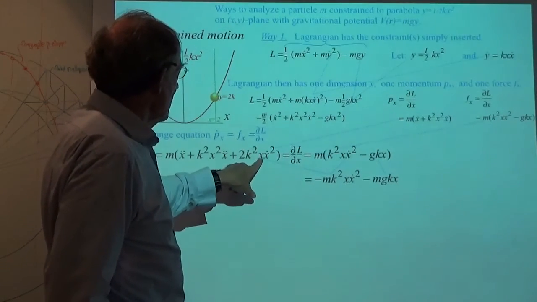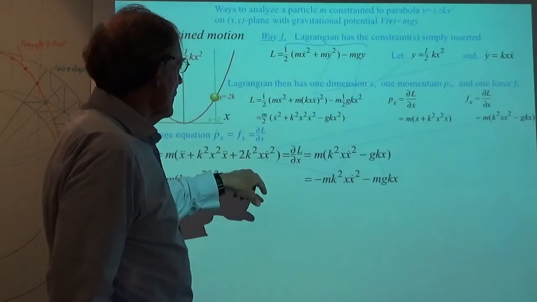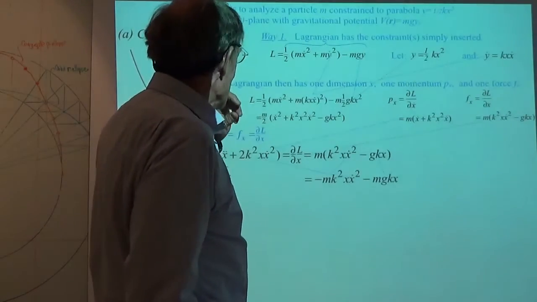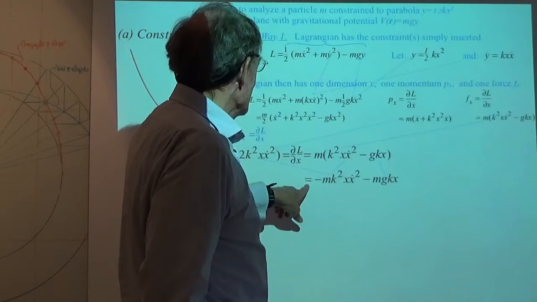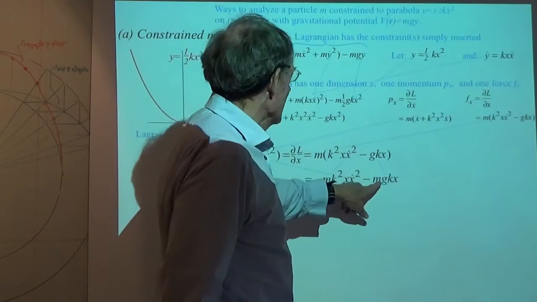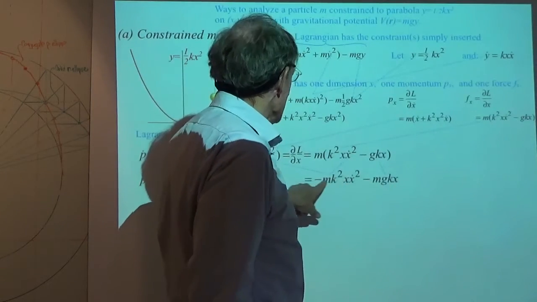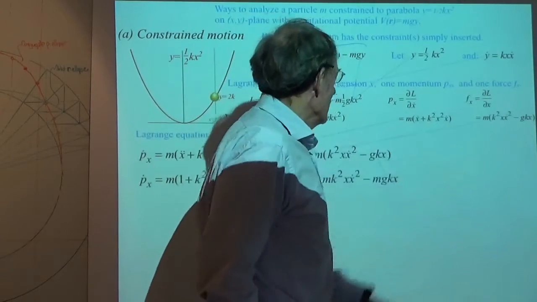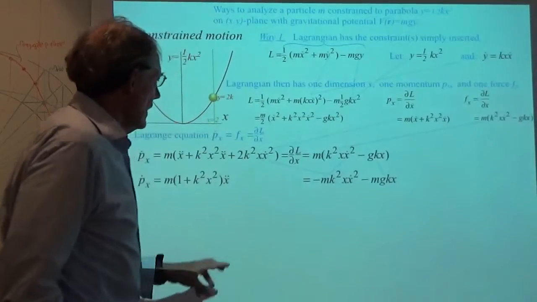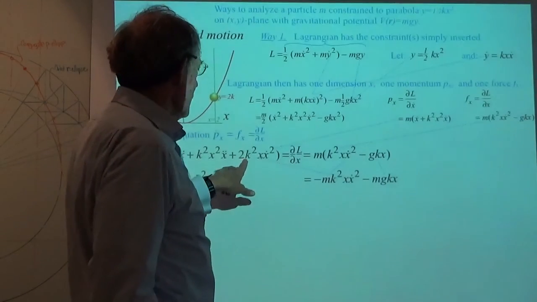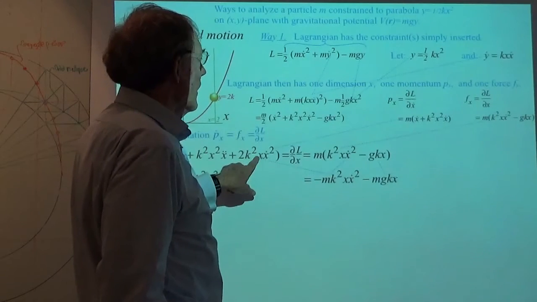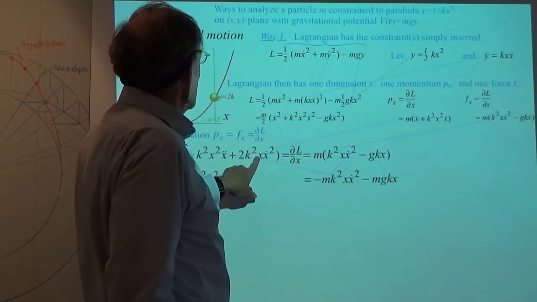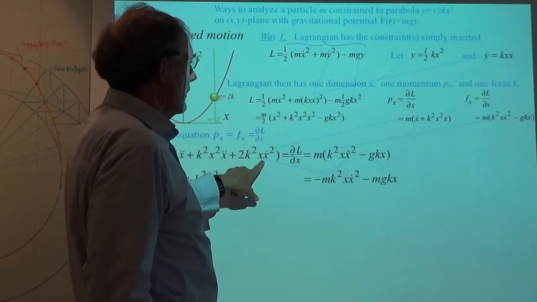We have this x squared here, and let's see if we've got something else. Yeah, k x squared x dot minus g k x. That's just the partial derivative of L with respect to x. And we notice this term right here. Let's see, yeah, p dot x has that.